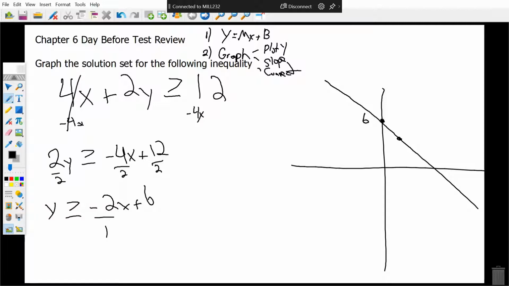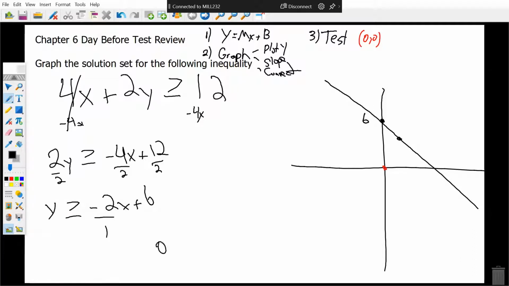Step 3 is to do your test point. Again, you can test with any number that's not on the line. The easiest number is right here at 0 and 0. So to do that, I plug in 0 for x and 0 for y.